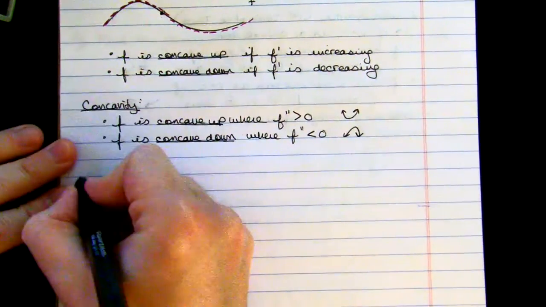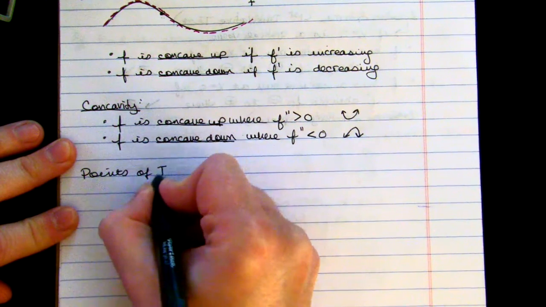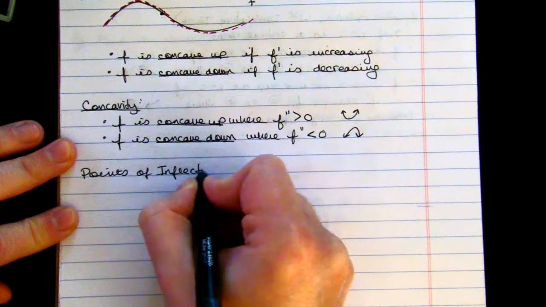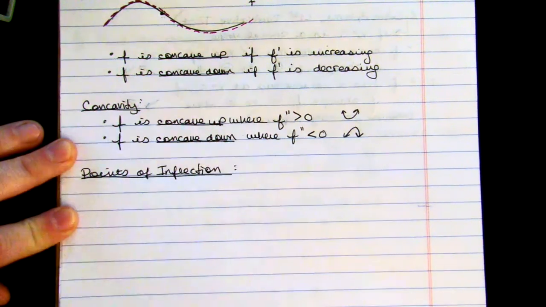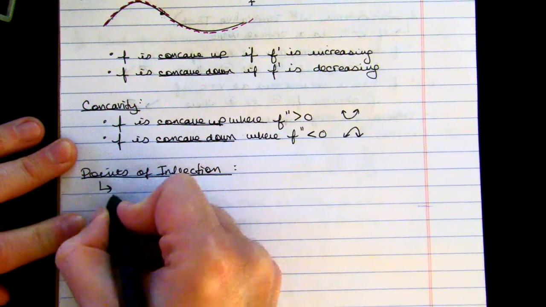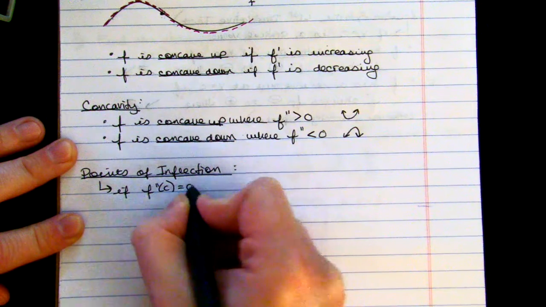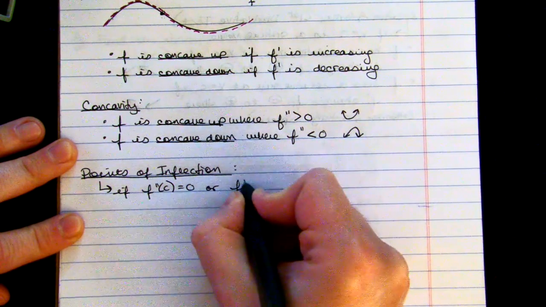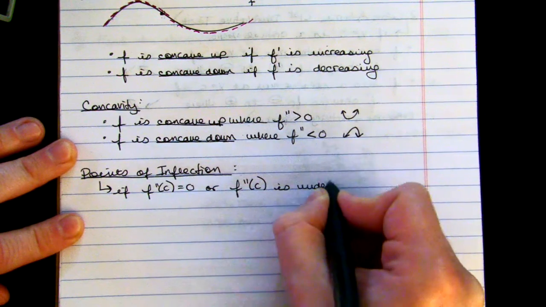Points of inflection. These occur at places where our second derivative is either 0 or undefined. So I'm going to say if f double prime of c equals 0 or f double prime of c is undefined, kind of like our critical value idea, but those are only related to the first derivative.